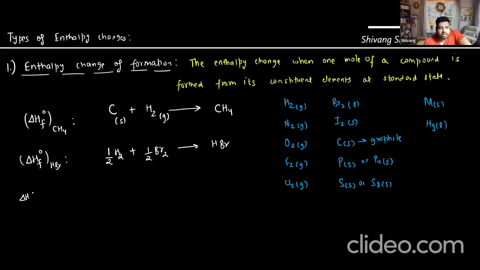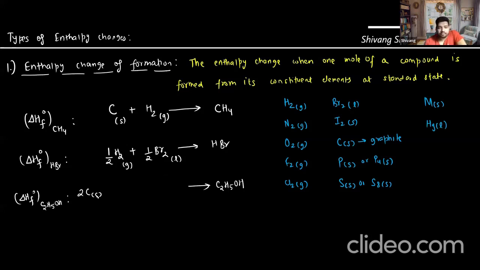Similarly, another one, we can do delta HF naught of, let's say, C2H5OH. So 1 mole of C2H5OH we will write, and then we have to balance it. We need carbon solid, so 2 carbon solid. Here it should have been gas and liquid if you forgot.